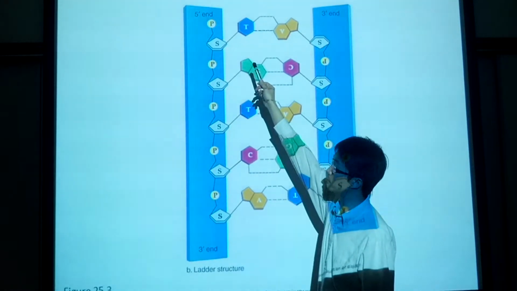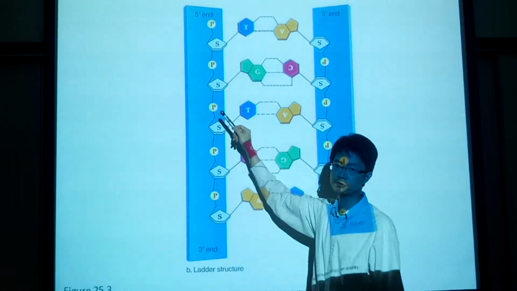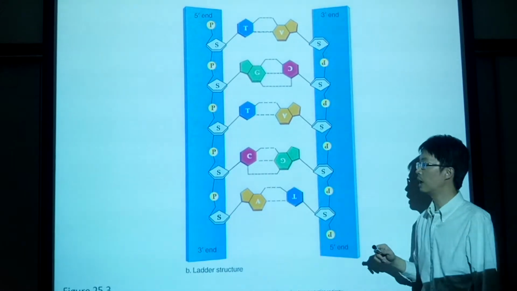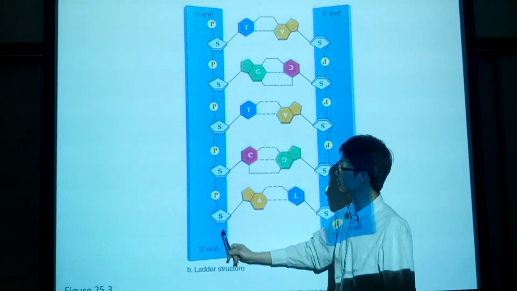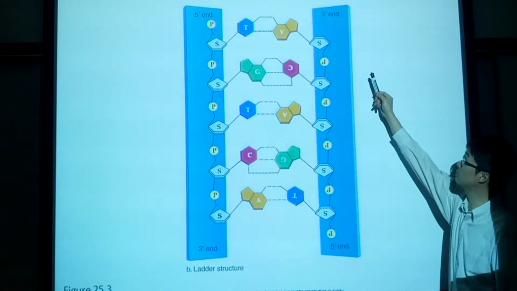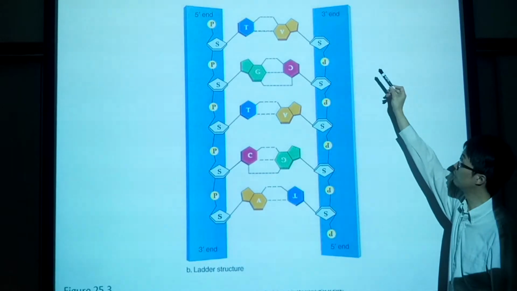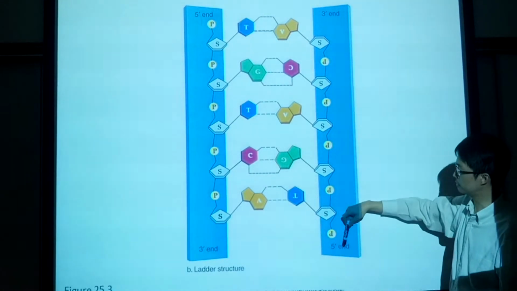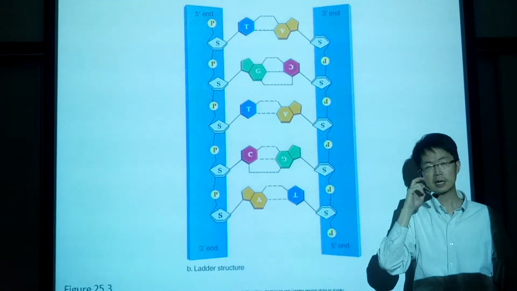We call the phosphate group the 5 prime end because it is connected to the 5 prime carbon. As you can see, one strand of DNA is going this way from 3 prime to 5 prime, but the other strand is in the opposite direction. 3 prime is at the top, but 5 prime is at the bottom. Because of this arrangement, we call this anti-parallel.